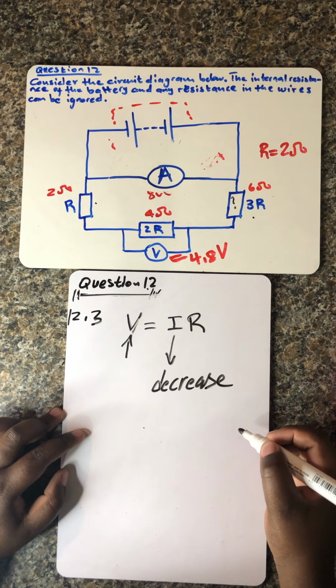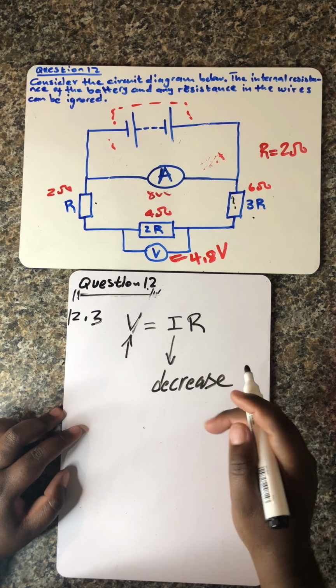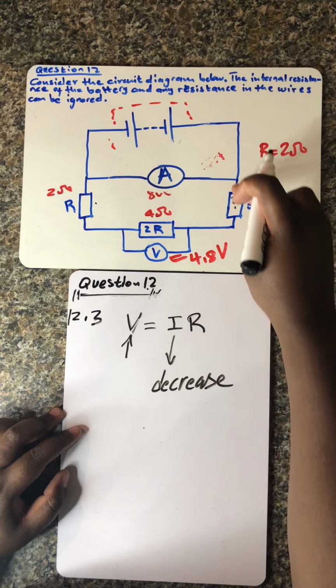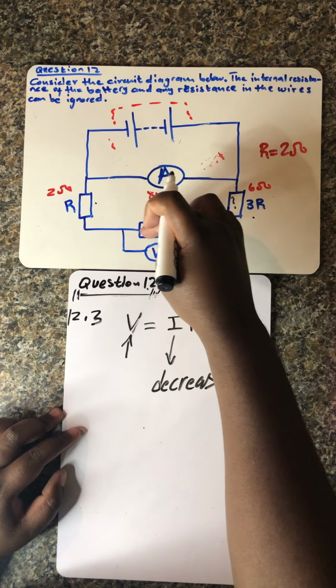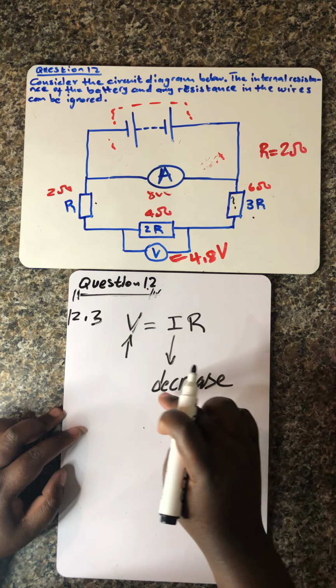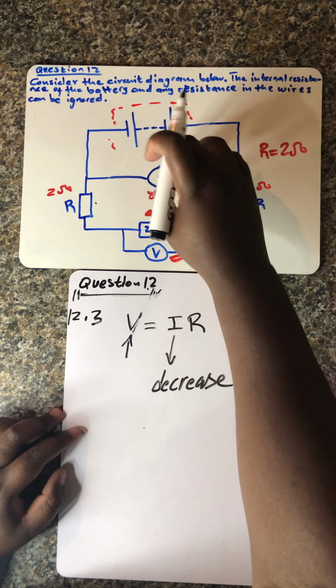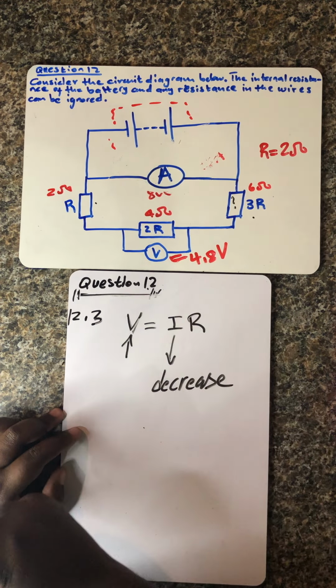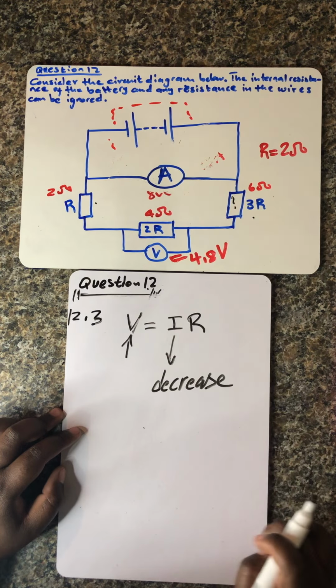Listen very carefully, guys. The current that I'm talking about is the current flowing through this side, which is the current flowing through the 2R resistor, is the one which is going to decrease. Why? Because now it's more like we've opened for more water to flow through that side, because there is no resistance that side.